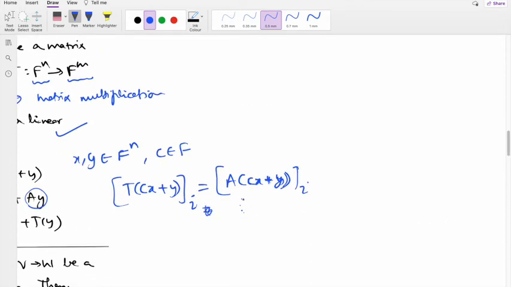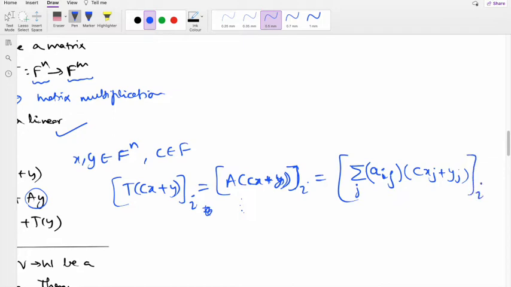So the ith element of this particular vector will be taking the ith row of A. So this will be all the elements of the ith row, so A_ij, let's say. The summation will be over this times (cx_j + y_j).